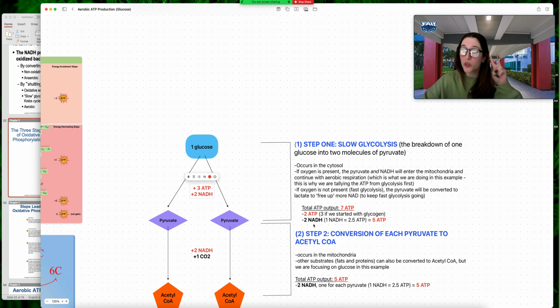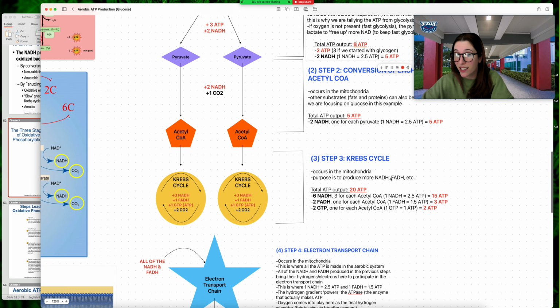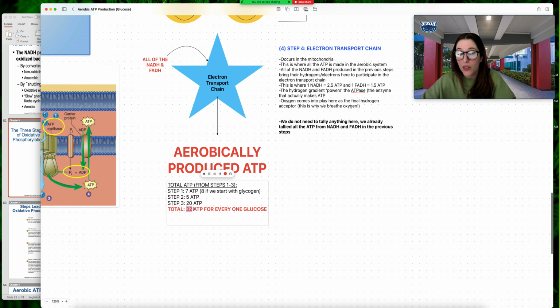Okay, we only produce 2 ATPs total if we start with glucose. But if we start with glycogen, we produce 3 ATPs total, right? So if we produce 1 extra one and we just increase all of our tallies, right? So step 1 has 8 instead of 7. That's how we get 33 for glycogen.